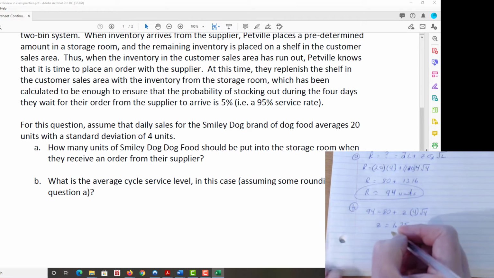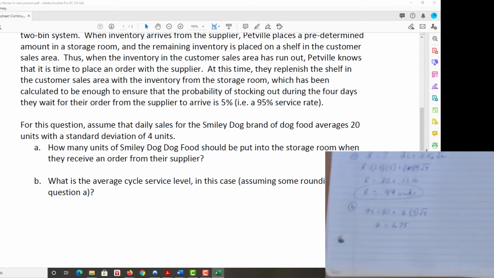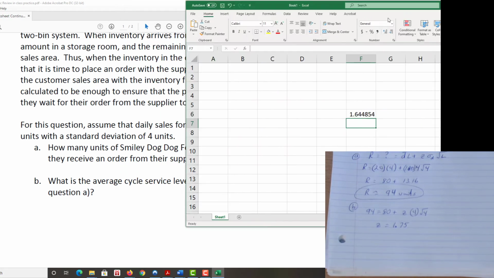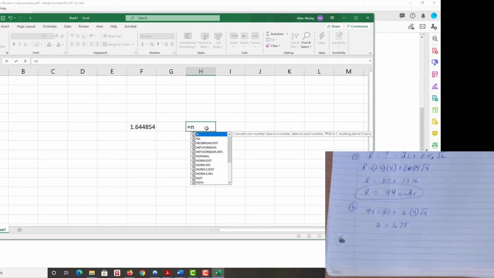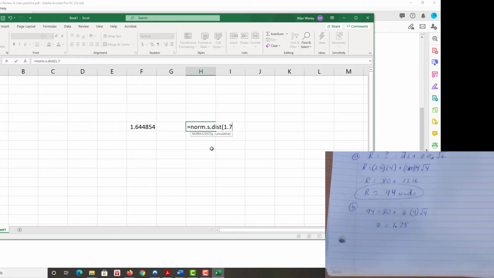And now we're going to use our Excel again. So we roll Excel back in. And this time we're going to use norm.s.dist. Sometimes I go norms dist, because that's sort of the old way it used to be, so I apologize for that. We have our Z score. We'll always click cumulative, which is 1.